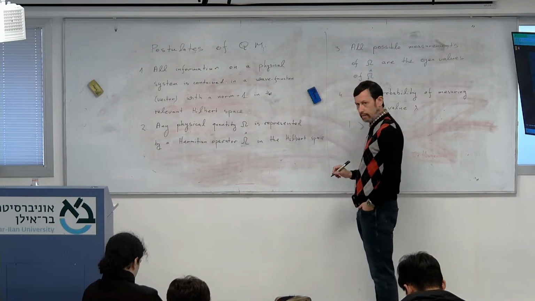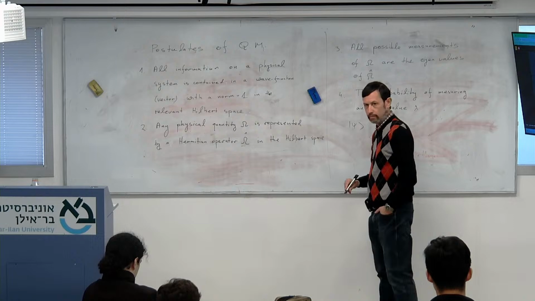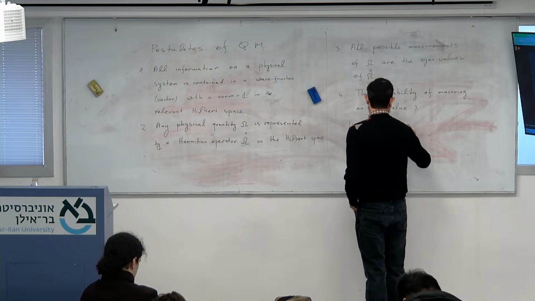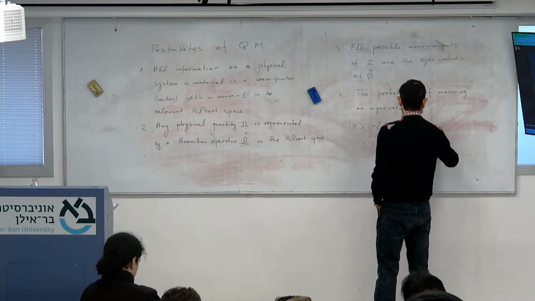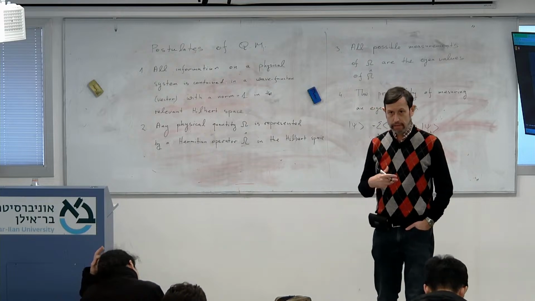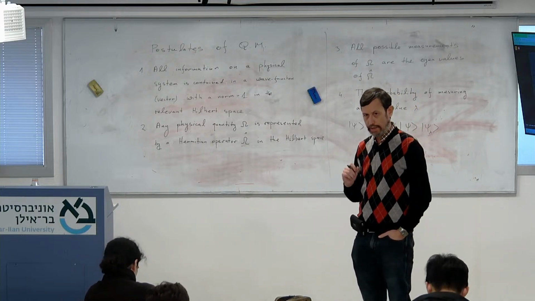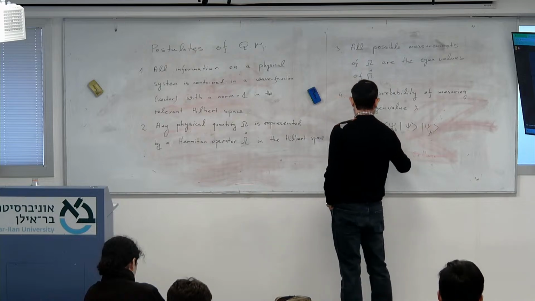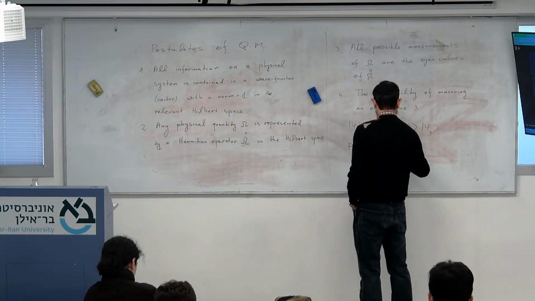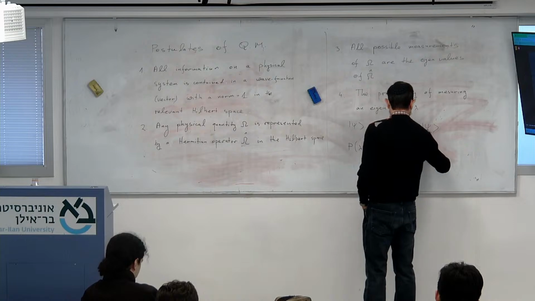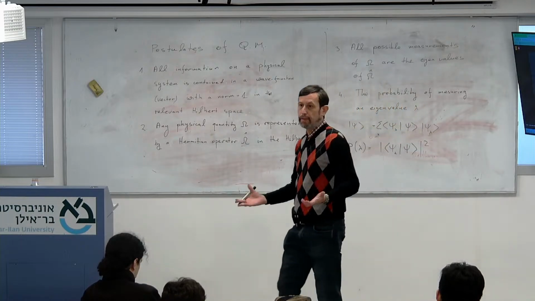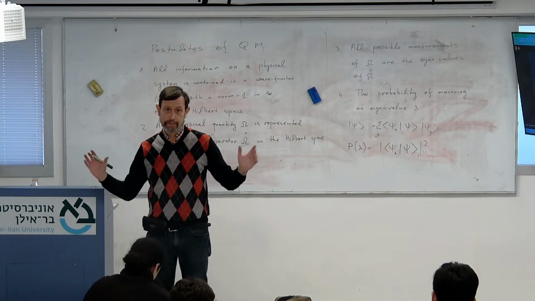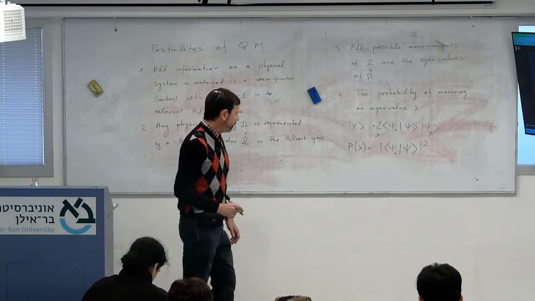Take your wave function, write it down in the basis of the eigenvectors of this operator, take the amplitude, square it, and that's the probability.